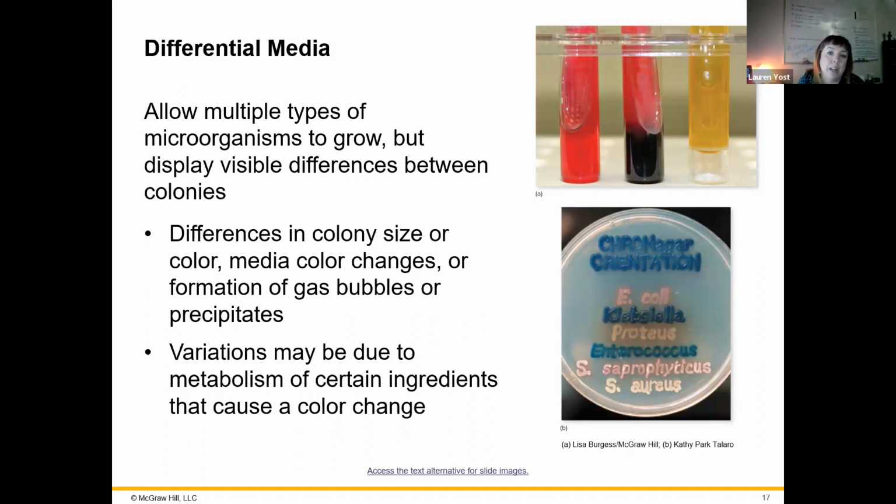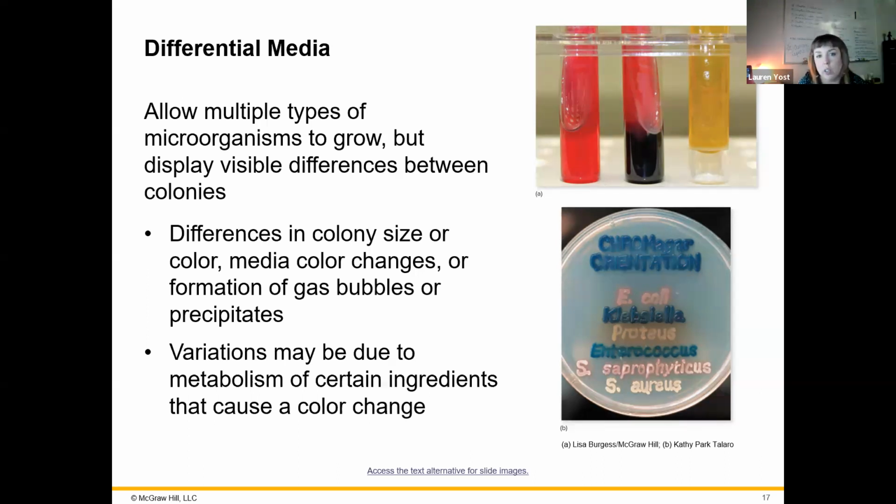Then we have differential media. In differential media, we are not inhibiting anything from growing. A wide variety of organisms can grow on this. However, if they can utilize this or that thing in the media they're growing on, then they will produce byproducts that can usually cause a color change in the media, often based on pH, by the way.